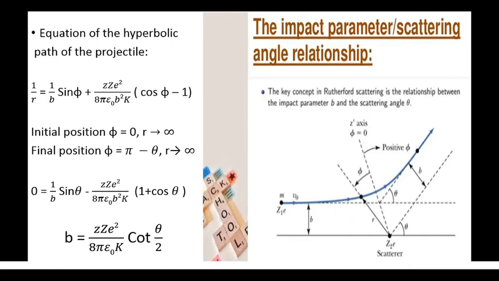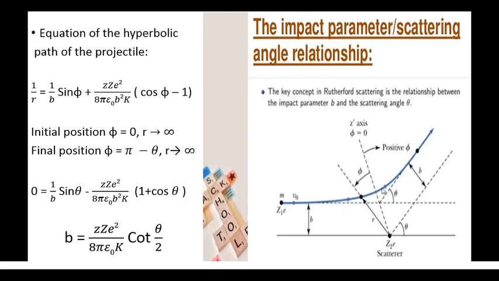Now what is the final position? Here you can see that we can consider a position of the alpha particle, and we know that this full angle is pi, and this is the angle theta, that is the scattering angle. So what is this angle?